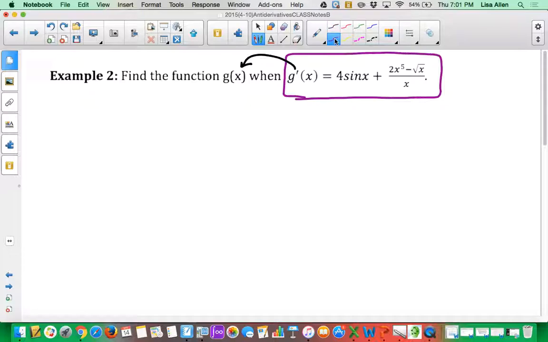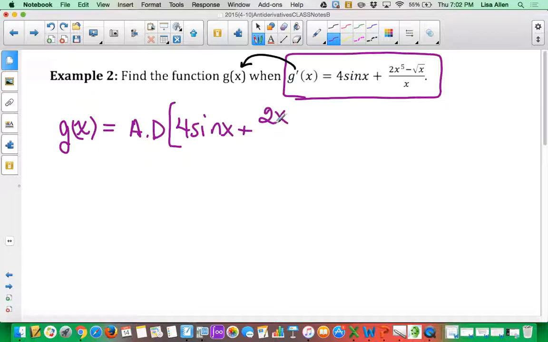So I have g of x would be equal to the antiderivative of, and I'm going to write it like this for right now without any kind of fancy notation. It would be an antiderivative of 4 sine x plus, I'm going to see this as a fraction, 2x to the 5th over x minus x to the 1/2 over x. I want to take the antiderivative of that expression.